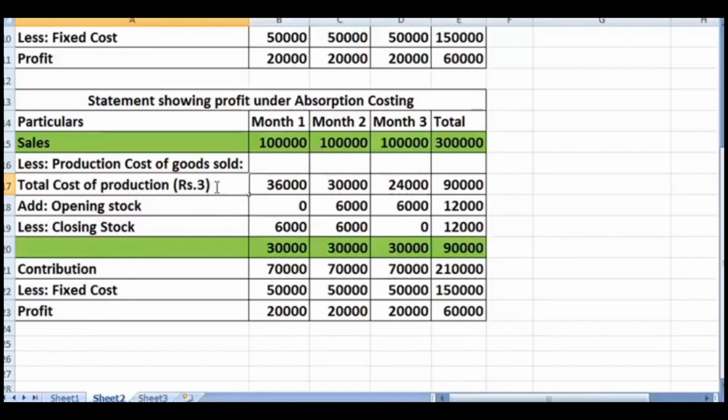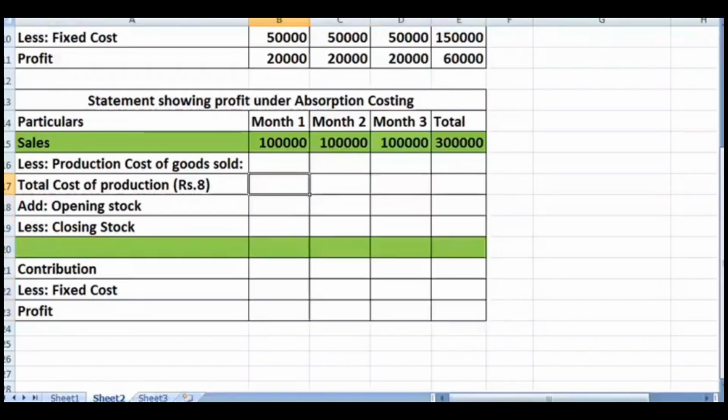So what is the recovery rate here? Recovery rate is 50,000 rupees, per unit 5 rupees. Yes, 50,000 is your cost and 10,000 is your normal production. So 5 plus 3, that means 8. Okay, now change it. 8.